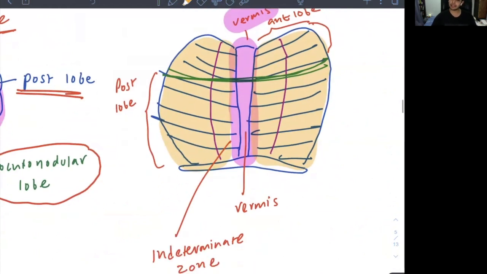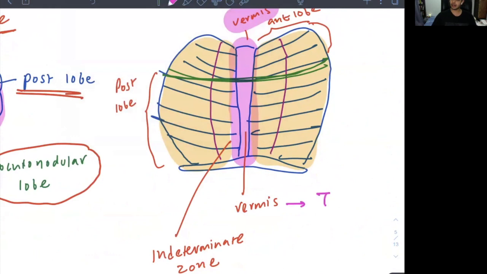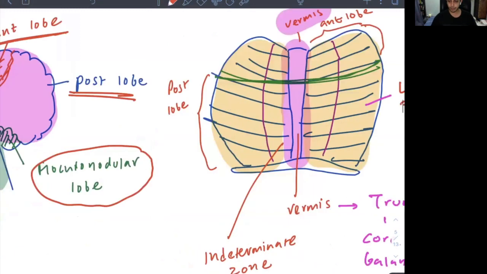So the vermis is responsible for the trunk and maintaining your core balance, whereas the hemispheres are responsible for all your limb features. So your hands and your legs, so all your dysmetria, intention tremor, all of that comes from your lateral hemispheres.